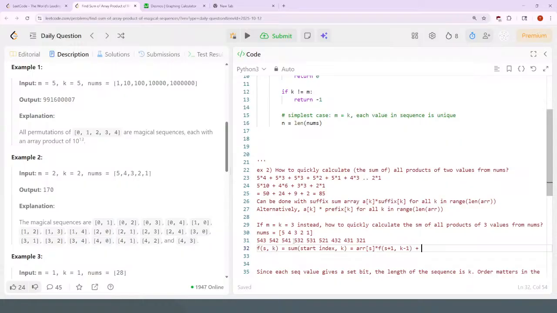So 5 times that, plus f of s plus 1, k. You skip this value in your array, so you start with 4 and then choose 3 from there.